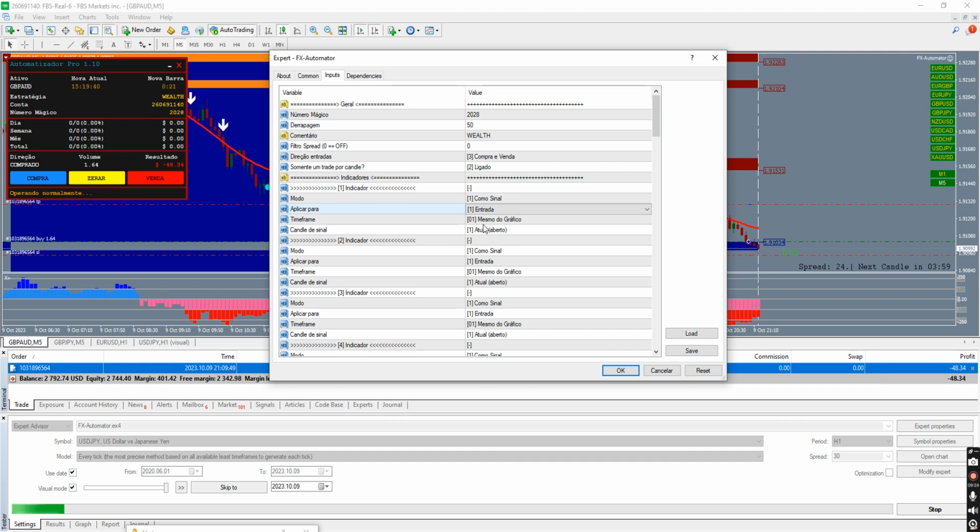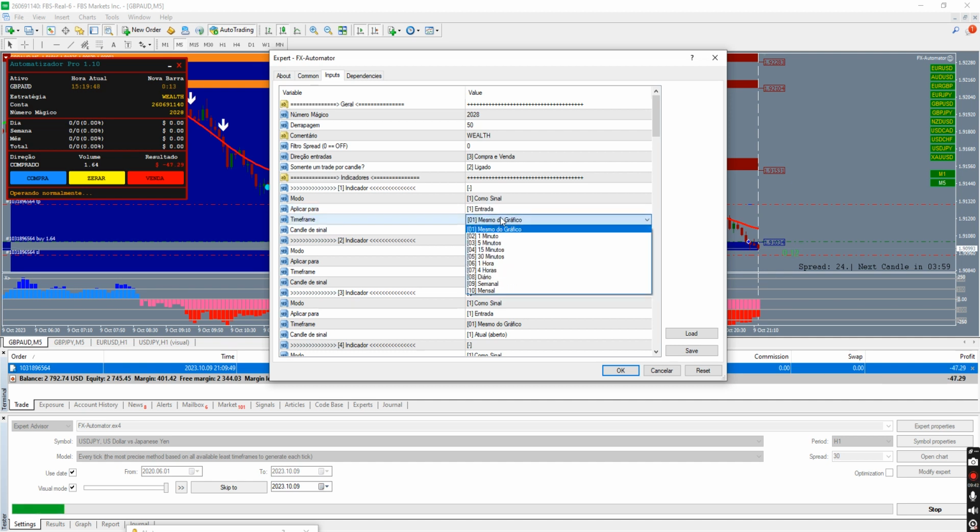So after that, put it as entry. Time frame, the same. This means the same time frame of the chart. If you want to change the time frame, it's totally up to you. But I want the same time frame of this chart.